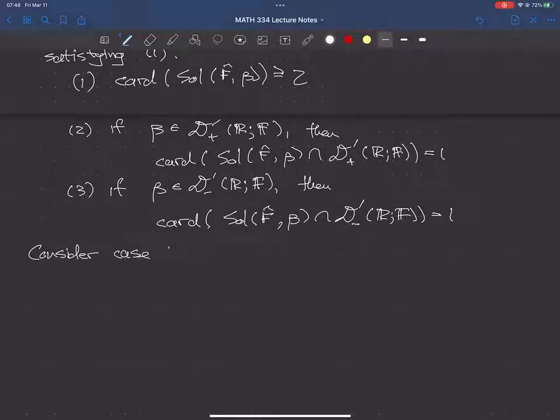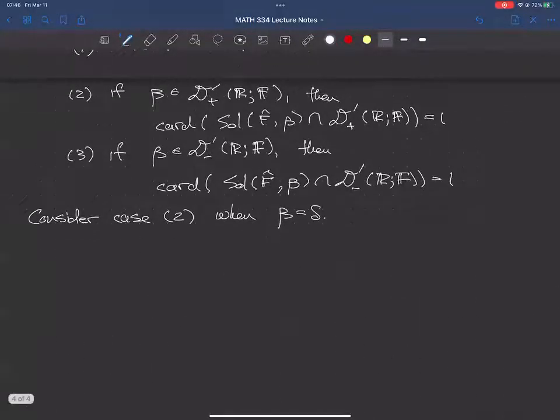Okay, so we're going to consider case 2 when beta is delta. All right, and so what we're going to show is this is the unique solution, and I know it's unique by the theorem I just stated but didn't prove.